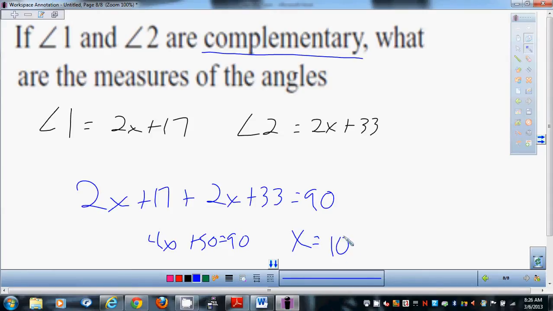Plug it in. 2 times 10 plus 17 is 37. 2 times 10 plus 33 is 53. Very good. Solve for x, and then plug it in. Almost no problems tomorrow will you actually just be able to stop with the x. You have to then plug it in. Questions?